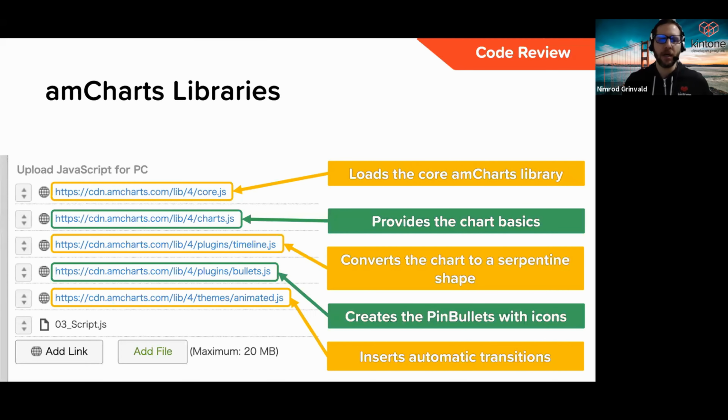We have another resource that will create those pin bullets with icons, those things that you drop when you go on Google Maps, those pointers, but they're not pointers, pin bullets. And then automatic transitions is what that 5th one does. And the 6th one is going to be the custom script that we are building, or we're going to be going through in some detail right now.